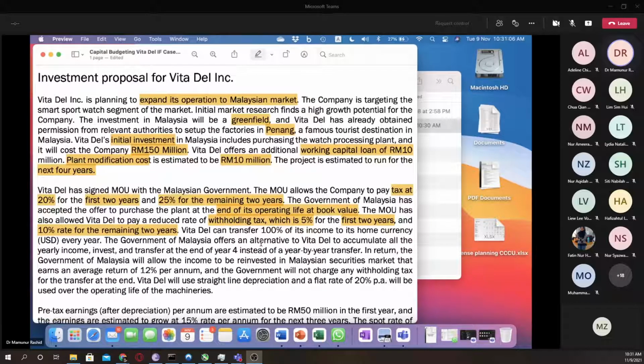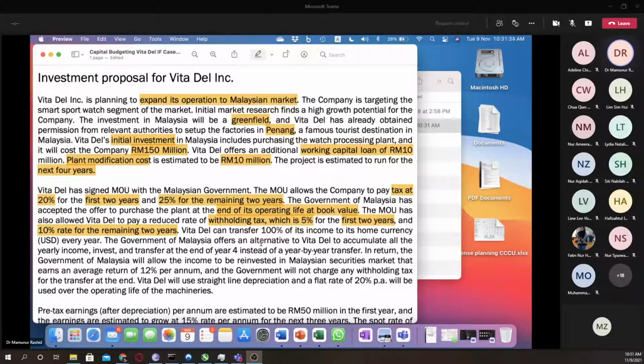Every year when the foreign company transfers revenue to their mother company, they will have to pay a certain amount of taxes on the transfer of the money. So if you transfer your revenue from Brunei to the mother company in the US, you have to pay 5% tax in the first 2 years and 10% tax on your transfer in the next 2 years.